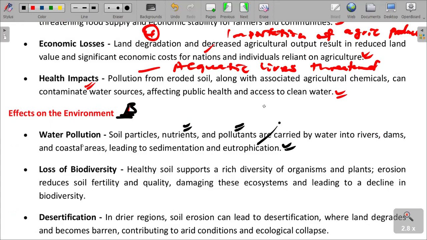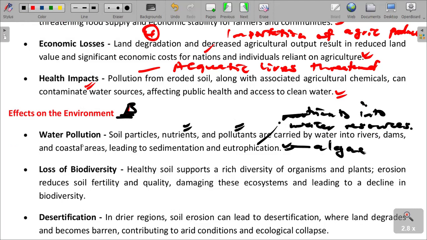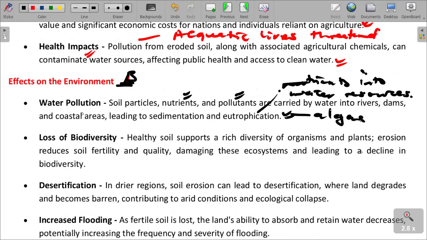We talk about the washing away of nutrients, agricultural fertilizers, into our water resources. That results in eutrophication, which also results in what? Which also results in algae. This algae also affects what? Our water and other related ecosystems.